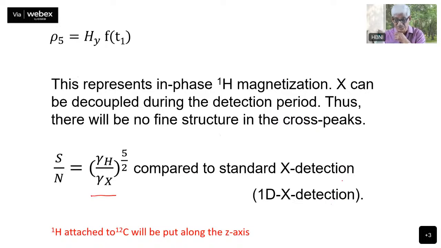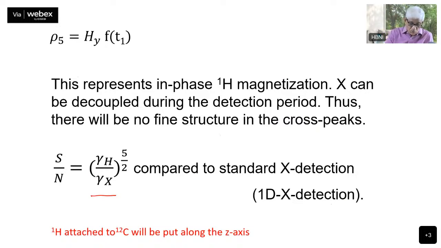Remember earlier when you had X detection, it was γH times γX to the power 3/2. So the total gain will be (γH/γX)^(5/2) with regard to 1D X detection. 1D X detection means excite X, also detect X. Compared to that, you have here (γH/γX)^(5/2). So therefore, a substantial enhancement in the signal to noise ratio by this kind of inverse experiment.